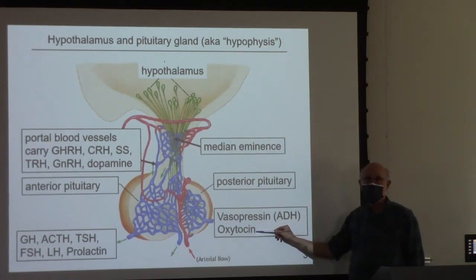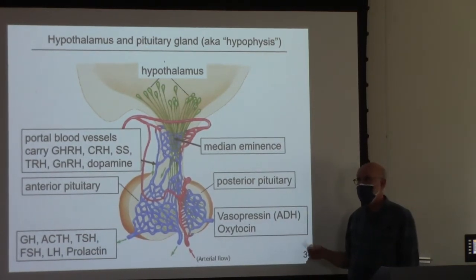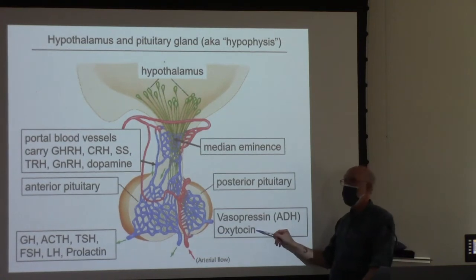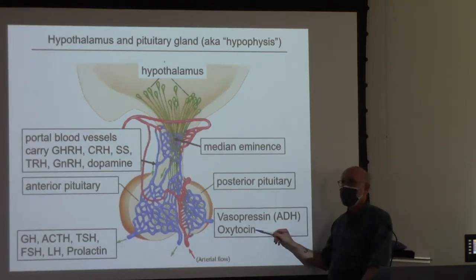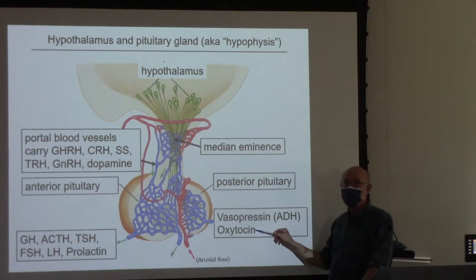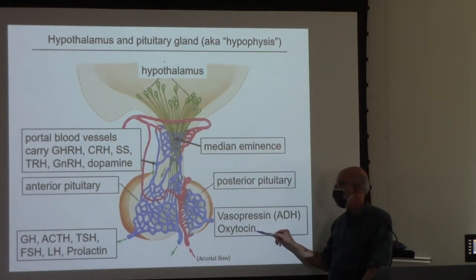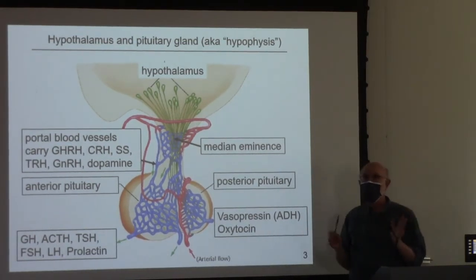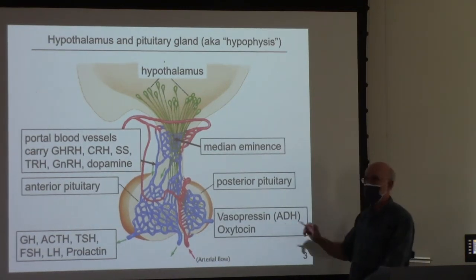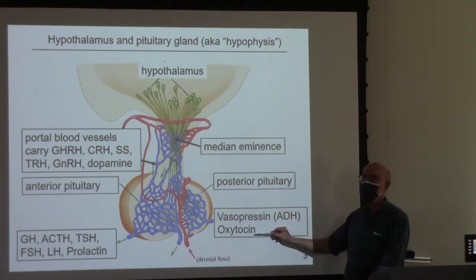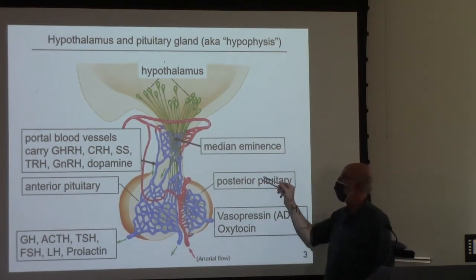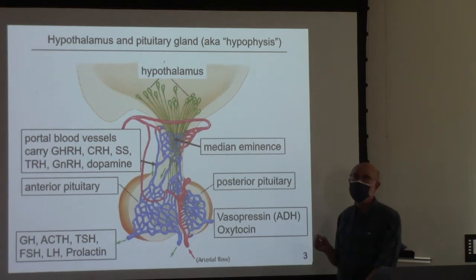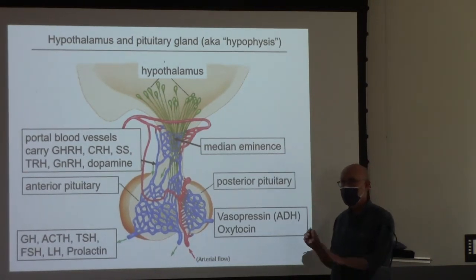And oxytocin is going to be important for childbirth because it triggers contraction during labor. It's going to be important for the production of milk after childbirth. And it's an important hormone for both male and female behaviors. That's going ahead. Vasopressin and oxytocin are the two hormones of the posterior pituitary that I do want you to know. Okay?